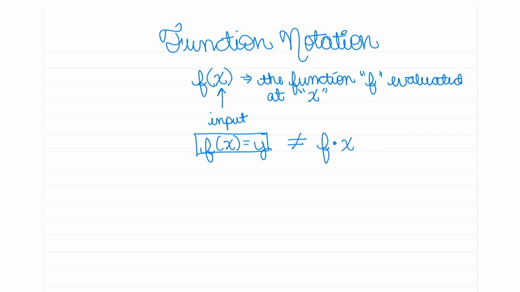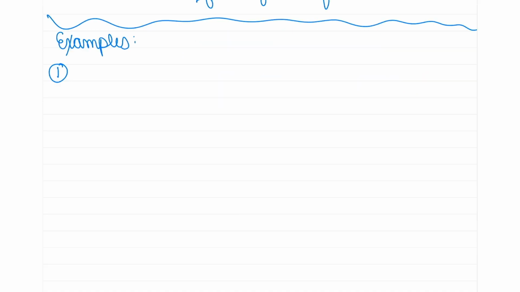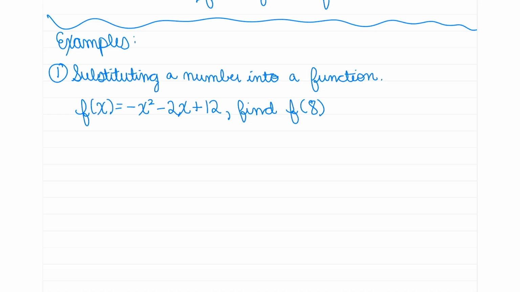So what I want to do is work through some different examples with you to kind of show you how this applies. Let's go ahead and substitute a number into a function. So let's start off with a quadratic function like this. If we are given a function f and we have f of x equals negative x squared minus 2x plus 12, and we are asked to find f of 8.